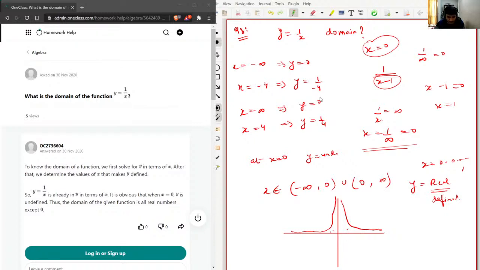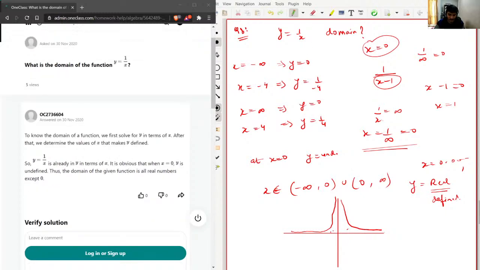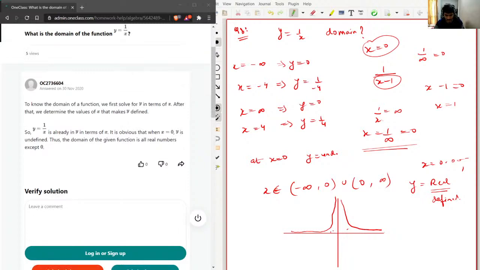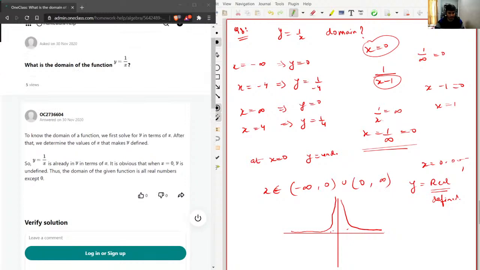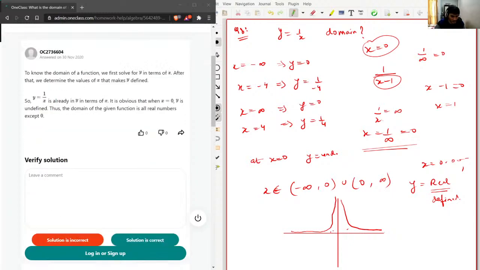Obviously, if we had more values, then I would have calculated, but it is not necessary for this question to find the graph of y equal to 1 over x, because we just need to find the domain. And the shortcut for this is to equate the denominator to 0, solve for x, and you'll get the values where the function does not exist.